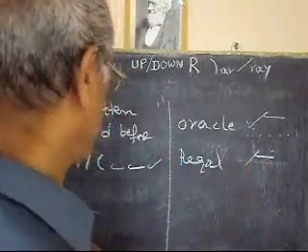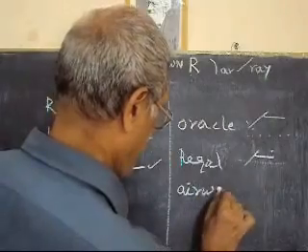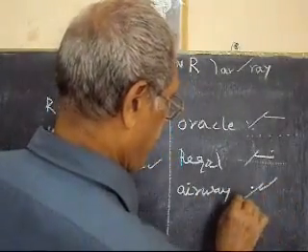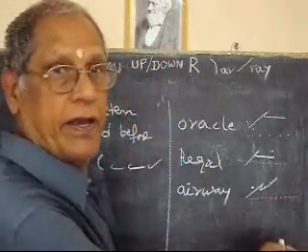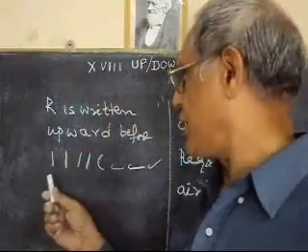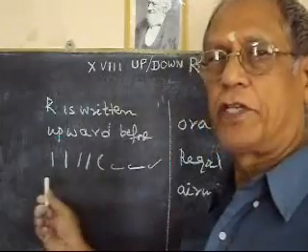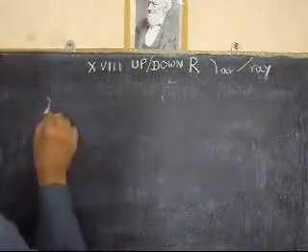Before gal. Airway. Before way. So, before these strokes, T, D, CH, J, it, kal, gal, way, R is written upward. Okay?